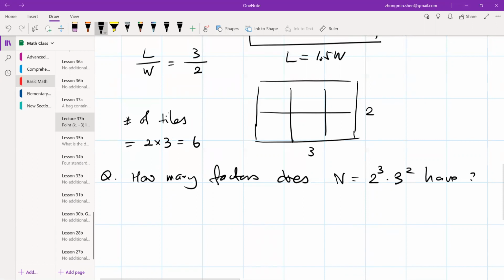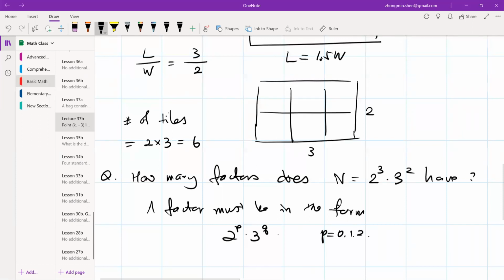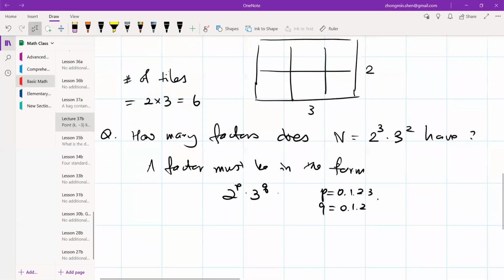So a factor must be in the form 2 to the p, 3 to the q. Here p is going to be 0, 1, 2, or 3, and q is going to be 0, 1, or 2. Those are the possible values you can choose. So a factor corresponds to a pair of numbers.